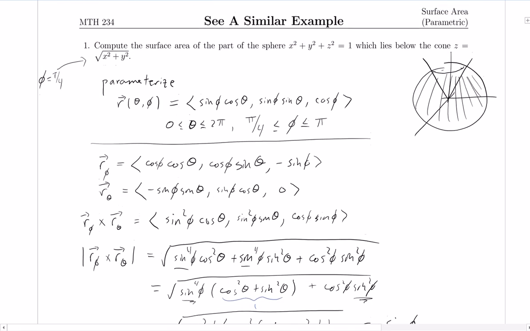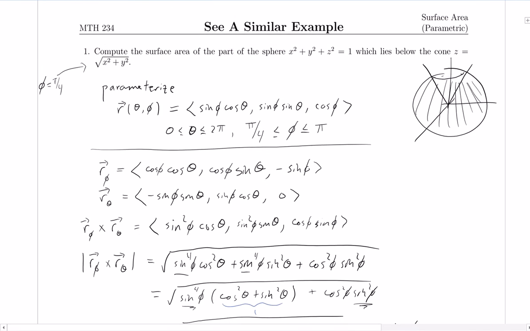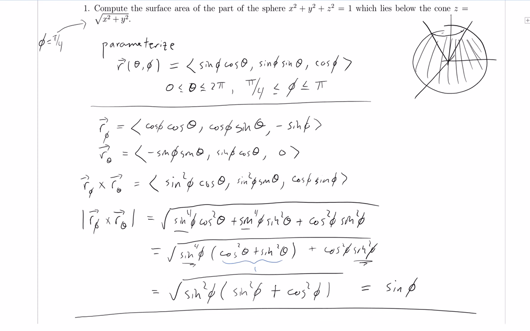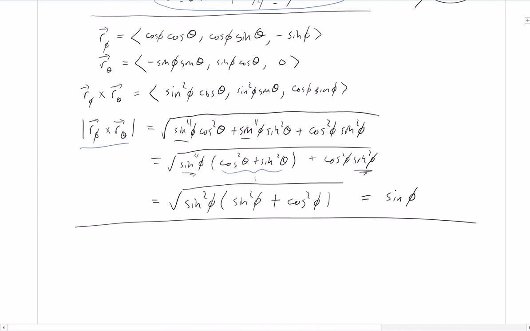Okay, so we did all this work, now let's use the general formula. We need to integrate over this region this function, which just turned out to be sine phi. So the surface area is the integral, with theta from 0 to 2 pi and phi from pi over 4 to pi, of sine phi.